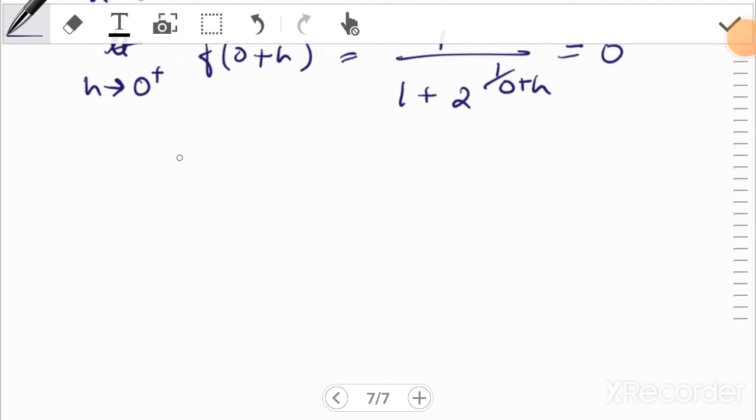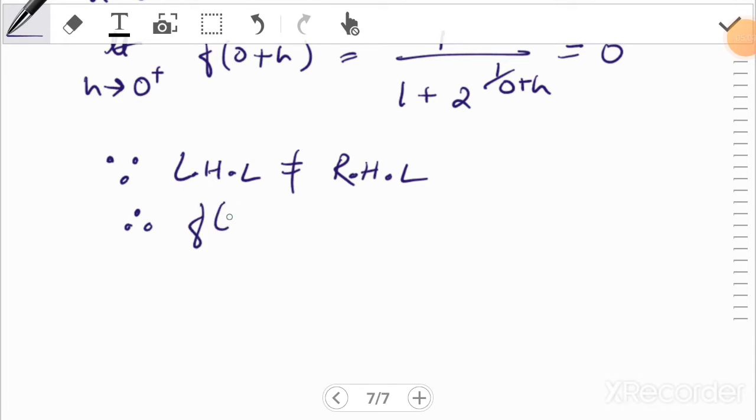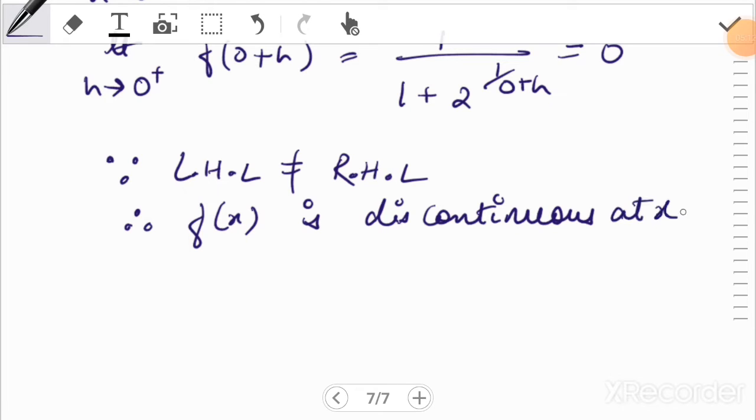So see, left hand limit is not equal to right hand limit, hence f(x) is discontinuous at x is equal to 0.